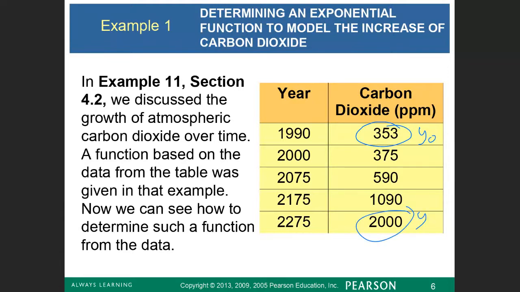And looking at the time, the difference between 2275 minus 1990, that would be my t. And that is equal to 285.